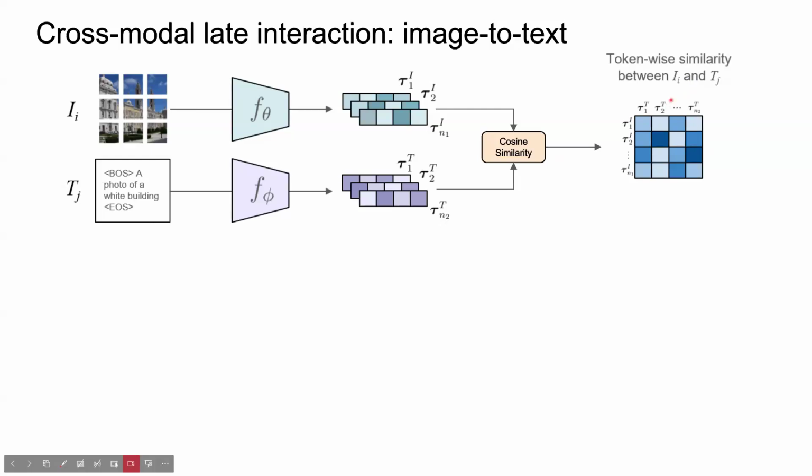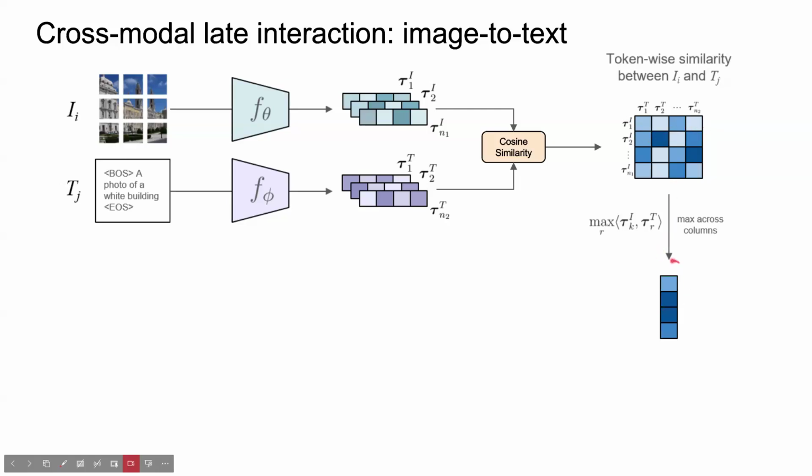Now, as I mentioned earlier, we want to reduce this similarity matrix to a couple of scores, right? So if we start with the image to text score, the first step is to find which of the text tokens have the highest similarity to each of the image patches. And mathematically, this is done by computing the maximum across the columns of the token-wise similarity matrix.